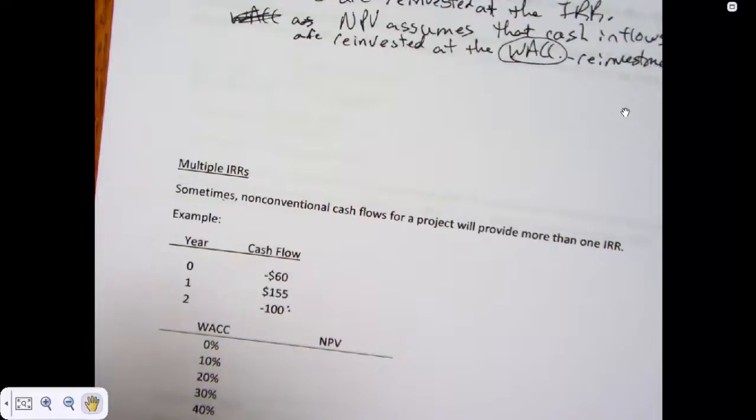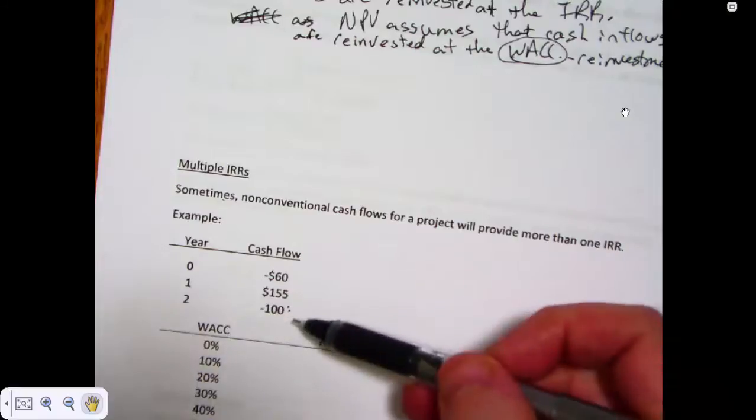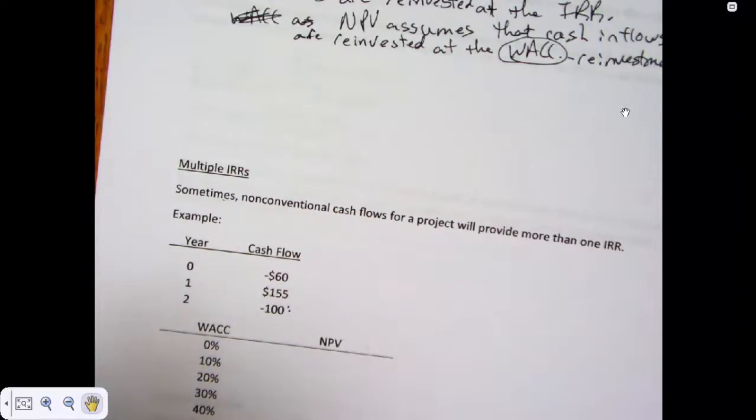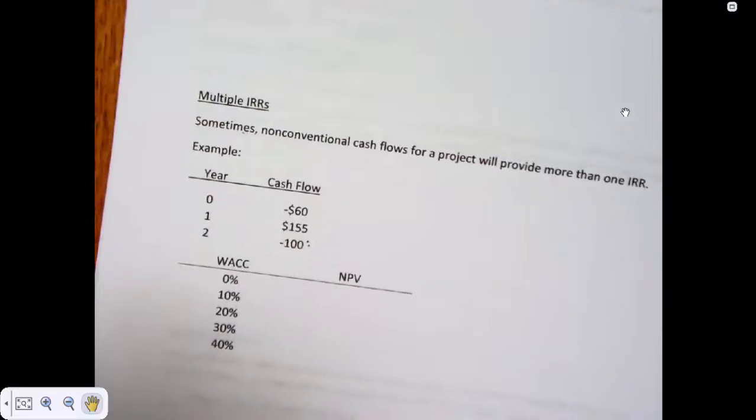Well, when you shut down a gas station, oftentimes to sell the property off, you have to dig out the tanks, or there might be some environmental issue you have to clean up after a project. So oftentimes at the end of a project, there will be a negative cash flow that you expect. All right, so if there's a negative cash flow, we can have multiple internal rates of return.